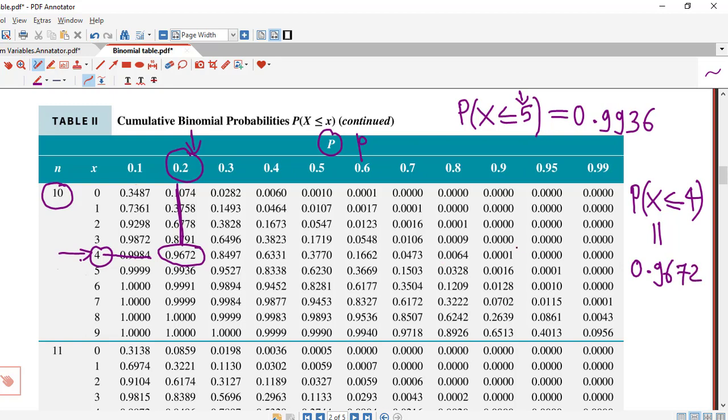So these probabilities we substitute in our calculations: 0.9936 minus 0.9672.